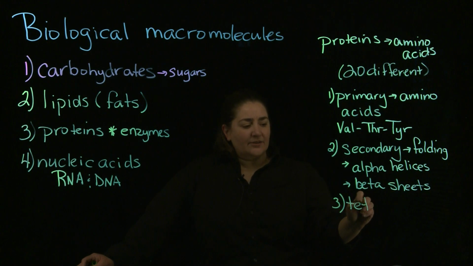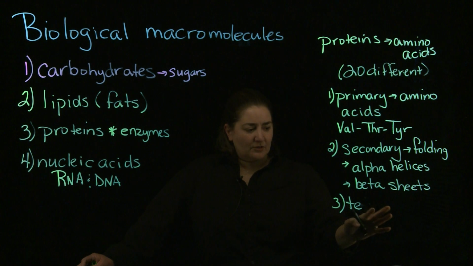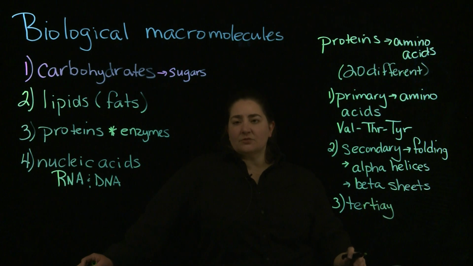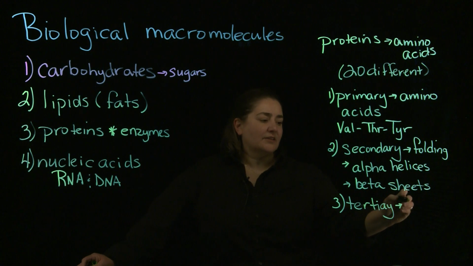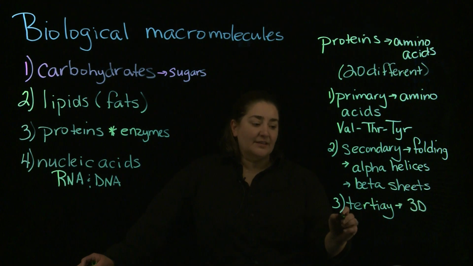Our next layer, I'm going to spell this wrong because spelling is my weakness. We've got the tertiary structure, all right? That tertiary structure is going to be how that protein comes together in 3 dimensions, all right?